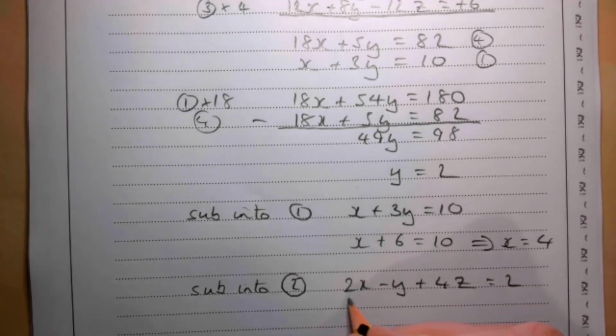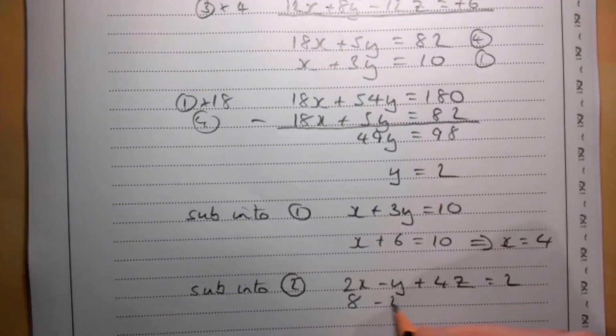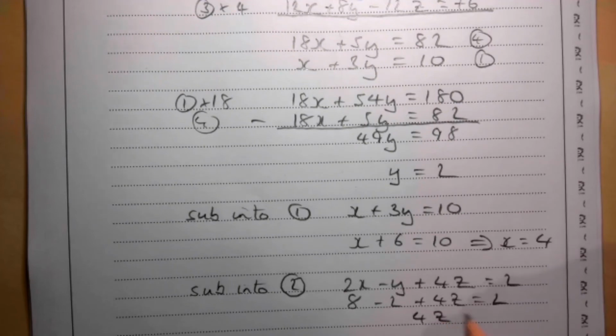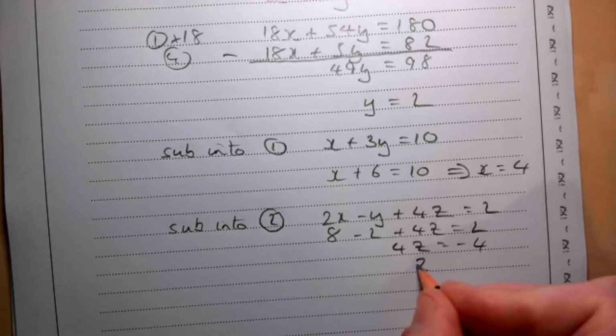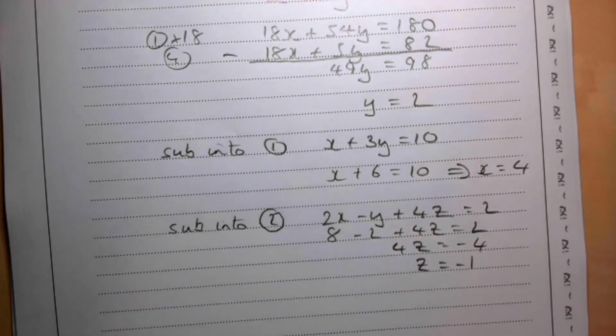So 2x's, that's 8, minus 2 plus 4z is 2. Rearranging that, so that gives me a 6 there, take it away. I get minus 4, and that gives me a value of z equals minus 1.